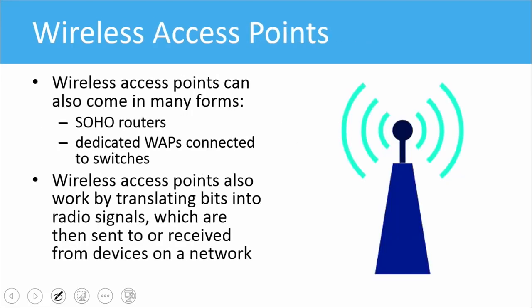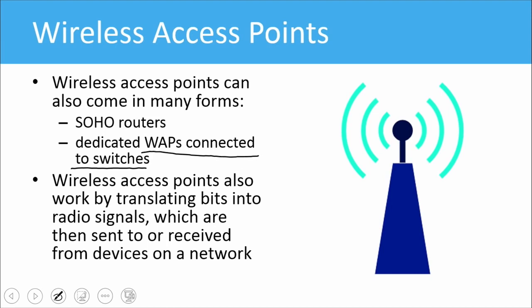Wireless access points can come in many forms as well. Oftentimes they're located in our home routers, our SOHO routers at our home office or small office. And wireless access points, like I had mentioned previously, I hate to hammer this down, but they're connected to switches. Right, and we do have dedicated ones that are specifically for the purpose of sending and receiving data in large organizations.